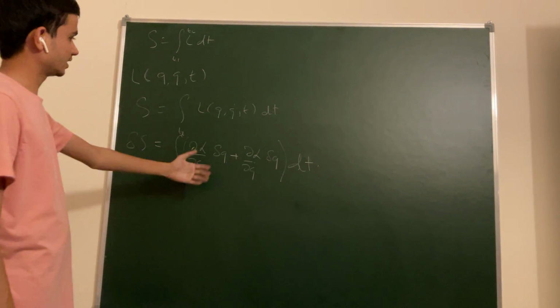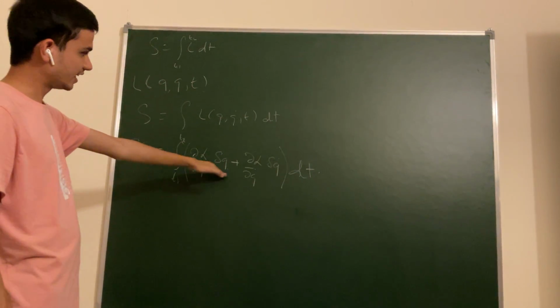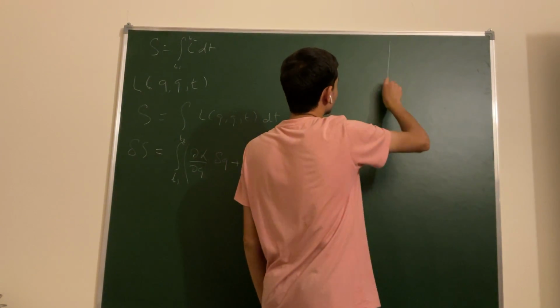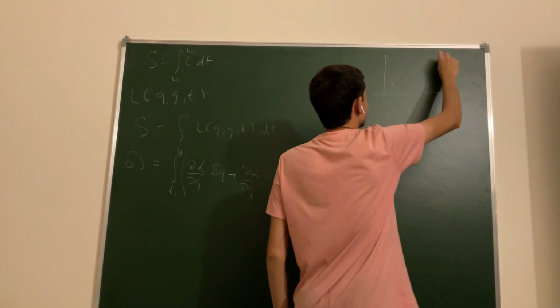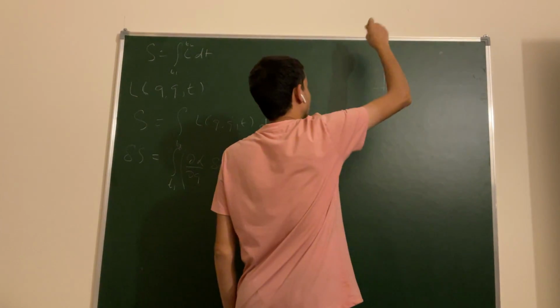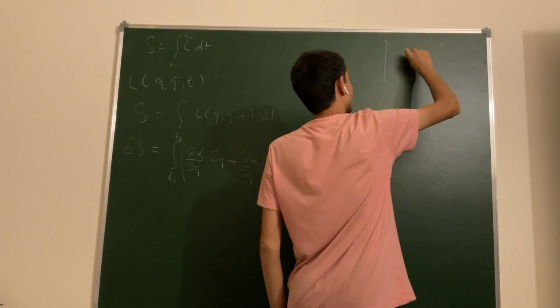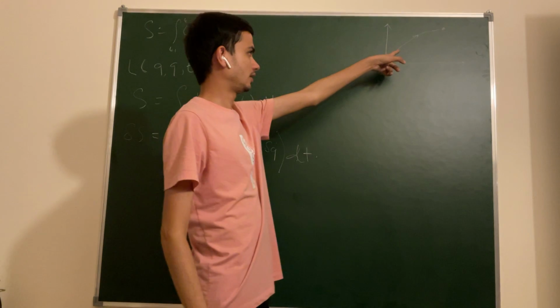Now I put a condition that at the boundaries t1 and t2, my variation goes to 0. Suppose you have a curve with these 2 points in configuration space, and there is a curve on which your action is minimum.